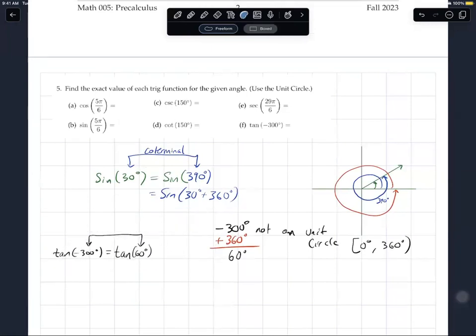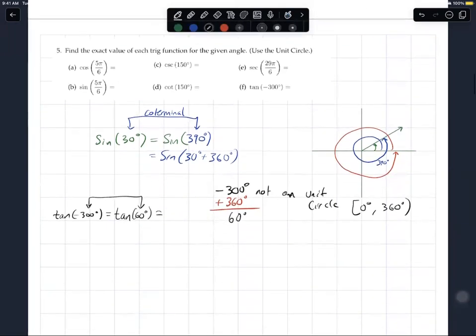Now, can somebody tell me, tangent is the ratio of which two sides in terms of x, y, and r? Or even in terms of SOHCAHTOA. The opposite over the adjacent sides. Yeah, so tangent of theta is equal to opposite over adjacent.